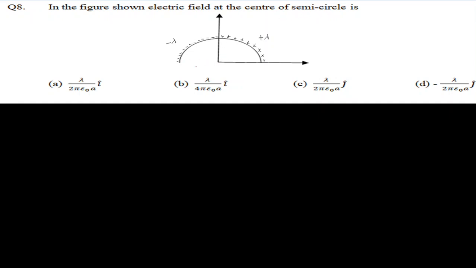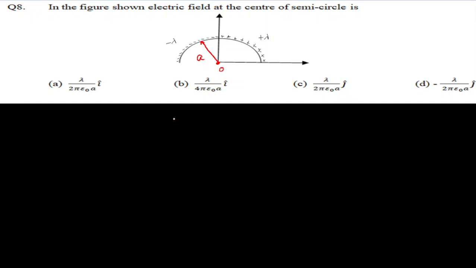So what has been written in this question, let's say we have a semicircle like this whose center is at the origin of the coordinate system, and the radius of this circle, let's say, is a. Then one quarter part of the circle carries plus lambda charge and another quarter part carries minus lambda charge. Then we have to calculate the electric field at the center, that is at the origin here. It's point O. We have to calculate the electric field at point O.